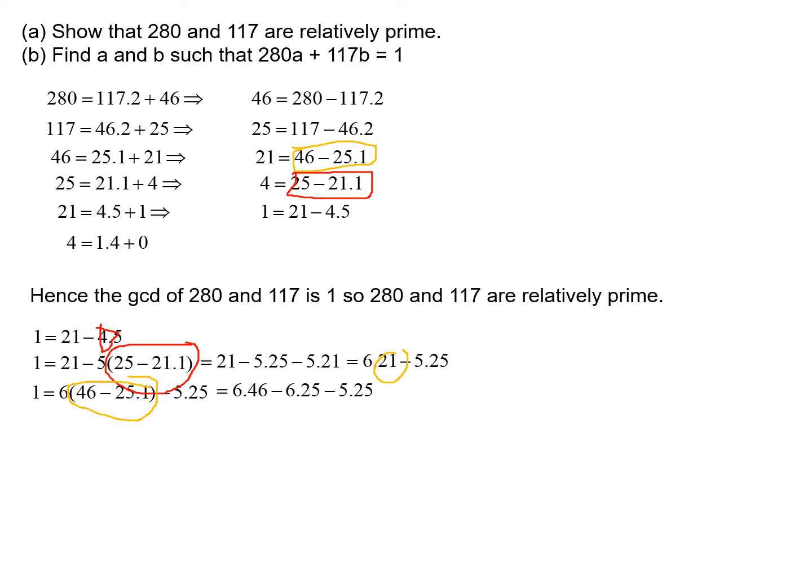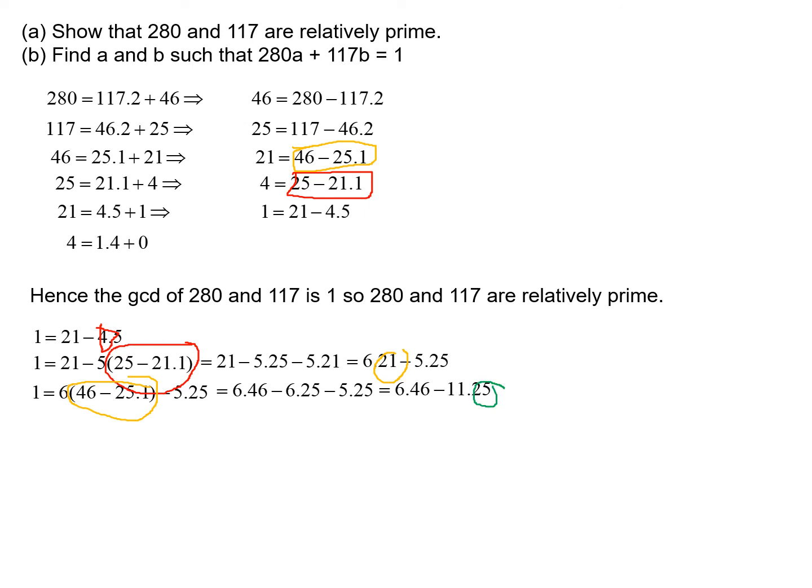We have to do it step by step, so we simplify it first, and we leave it in terms of 6 times 46 minus 11 times 25. The next step is substituting a line later. We have 25 over here, so we substitute for 25.